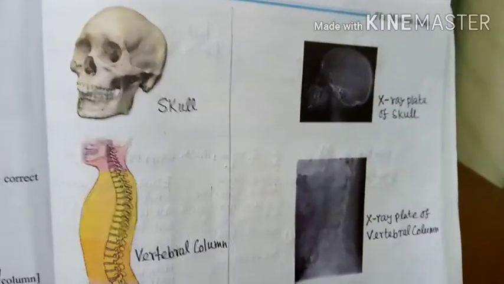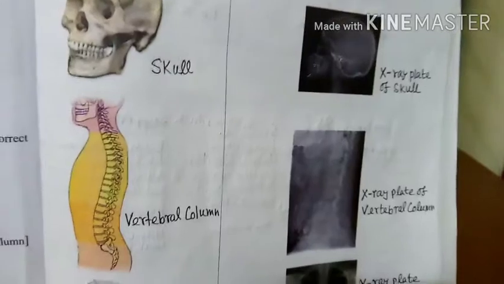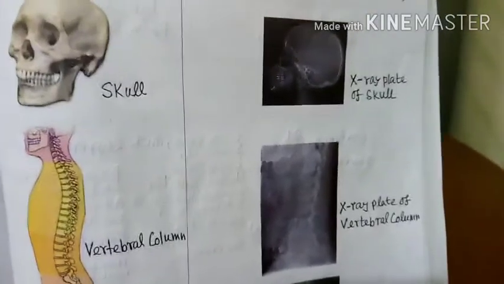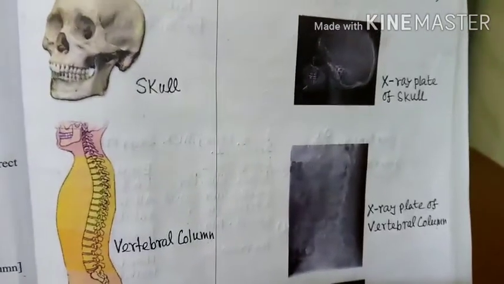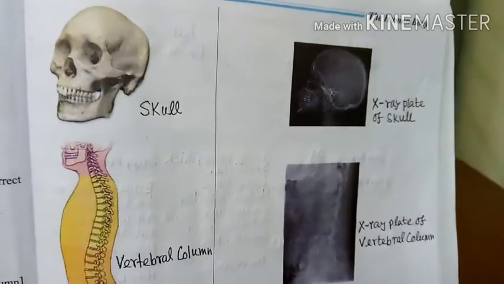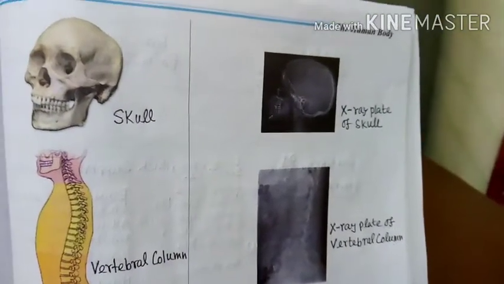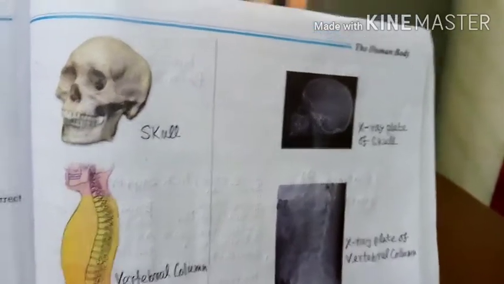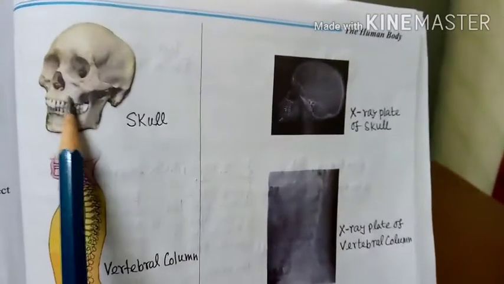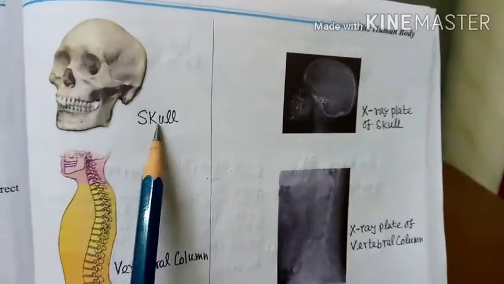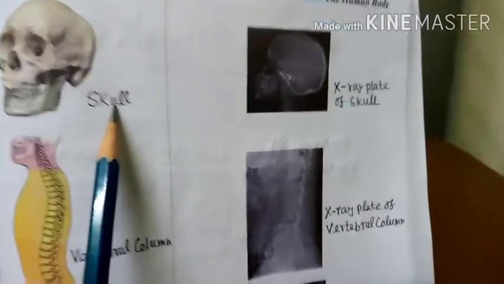Open page number 117 of your textbook. Look at the pictures. What is this? This is skull. And what is this?